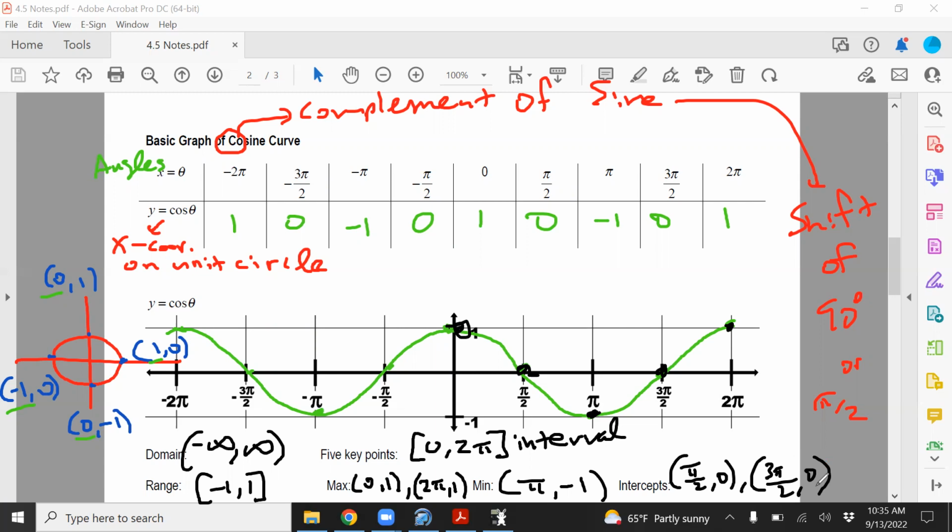I'm looking at from 0 to 2 pi. Yes, there are infinite minimums and infinite maximums. I'm just trying to show you, if you focus on one particular interval, usually 0 to 2 pi is a very common interval to look at. So you have (0, 1), (2 pi, 1), and then the other one's 0.